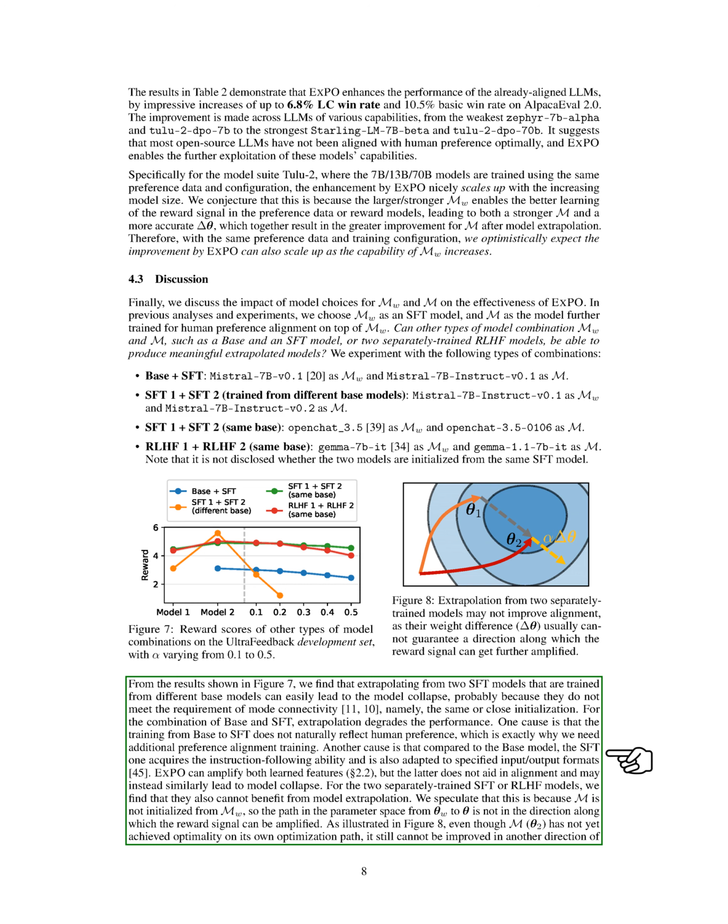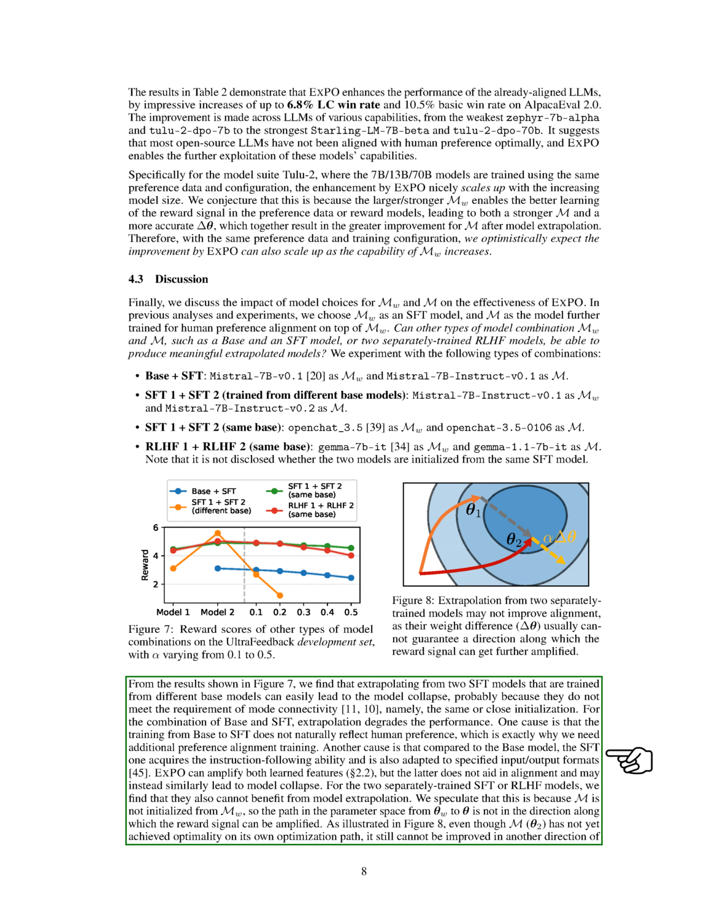The SFT model acquires instruction following abilities and adapts to specific input-output formats, which can be amplified by EXPO, but this amplification may not aid in alignment and could also lead to model collapse. For separately trained SFT or RLHF models, we observed that they do not benefit from model extrapolation, likely because M is not initialized from M_W, preventing the amplification of reward signals in the parameter space.